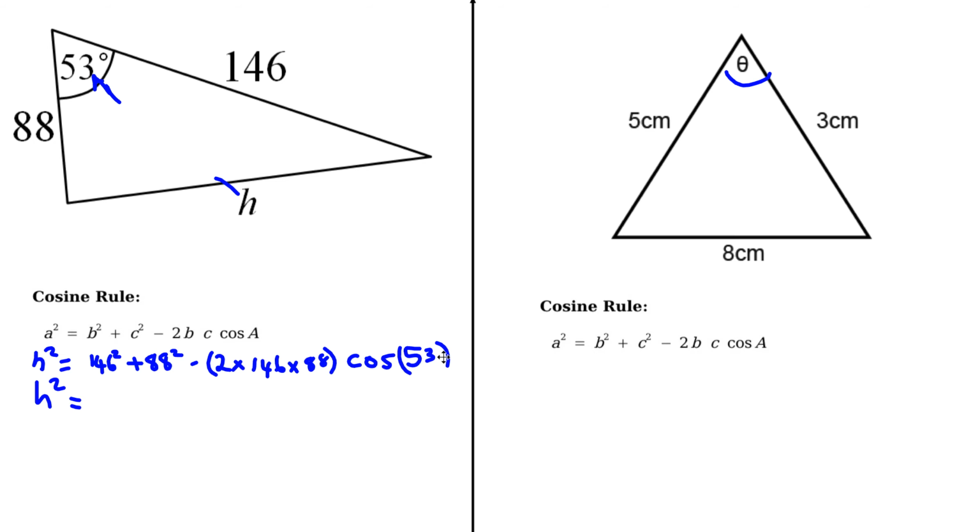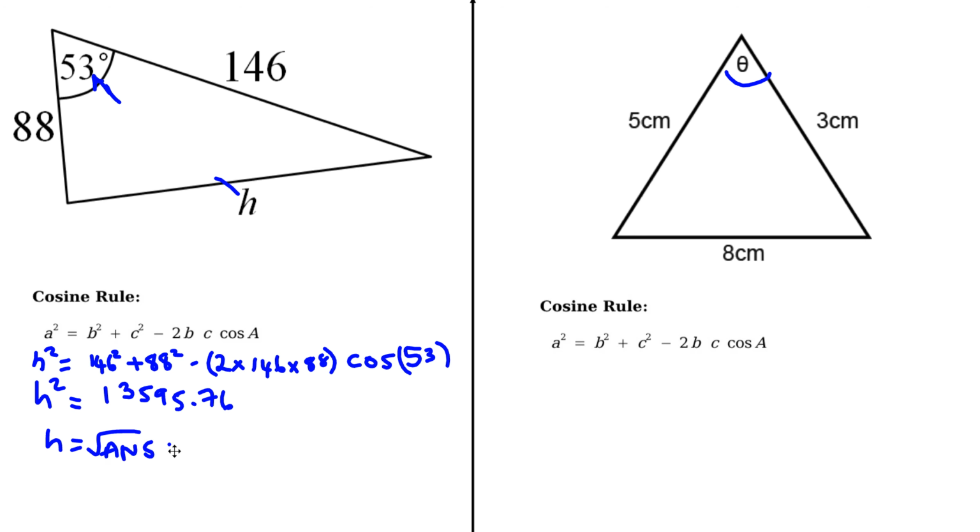Okay, so we've got a big figure there. That's 13595.76. So let's write that down. Now just to get h on its own, that means I need to root that answer.